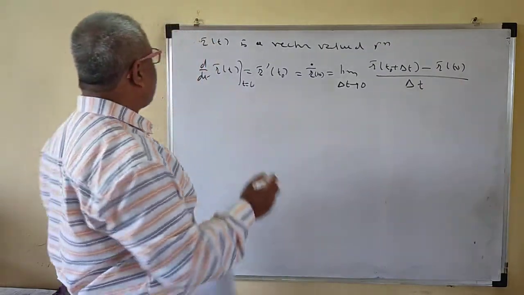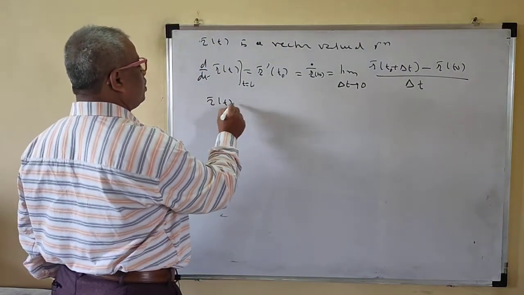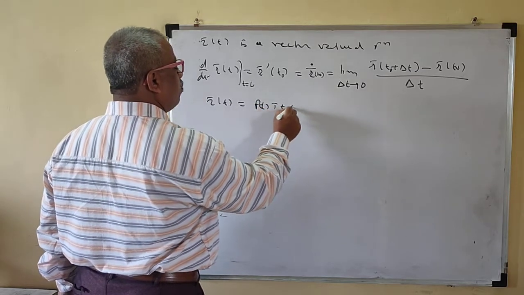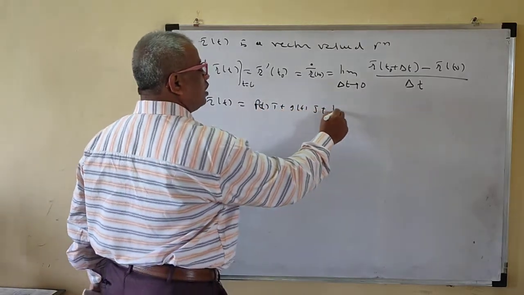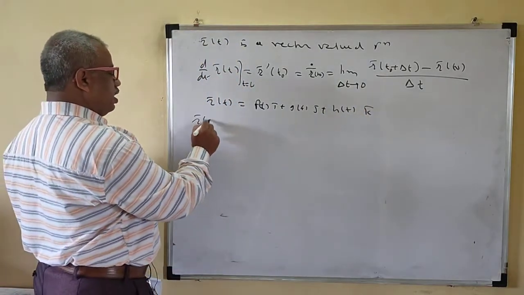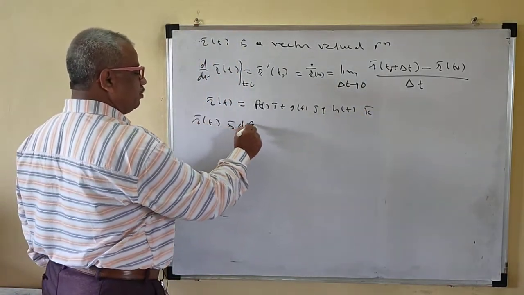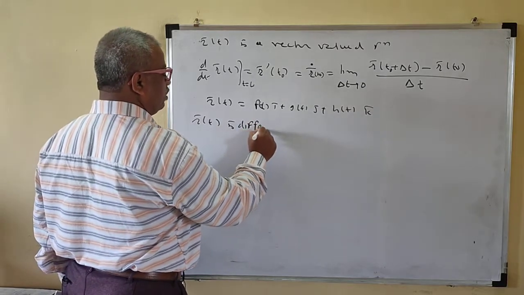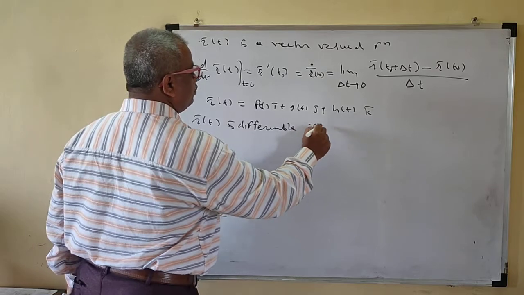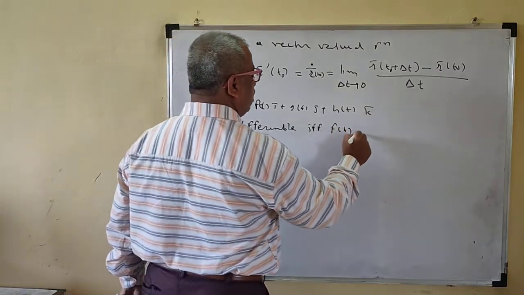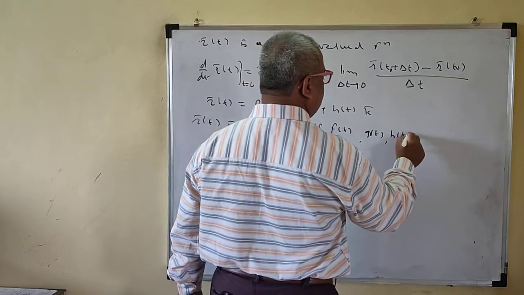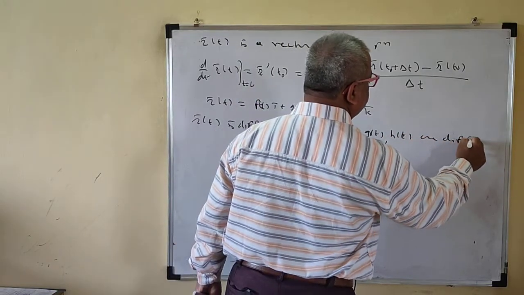Okay. So if your r bar of t is equal to f of t i bar plus g of t j bar plus h of t k bar, suppose. Now r bar of t is differentiable if and only if f of t, g of t, h of t are differentiable.